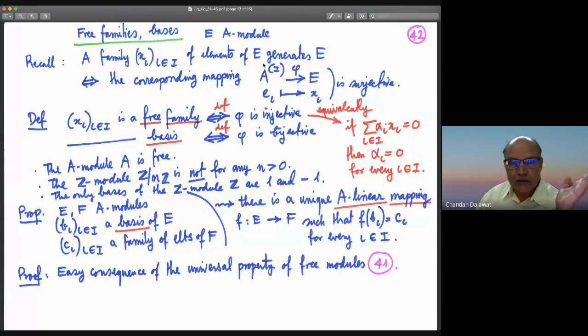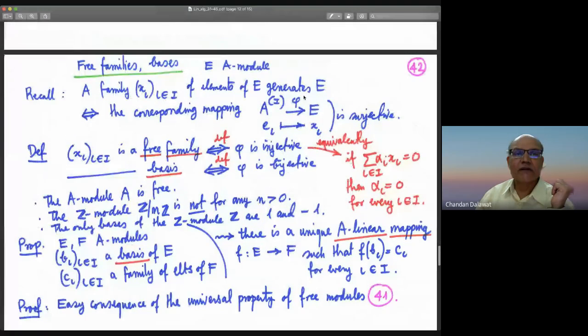By the universal property of the free module, there's a unique mapping phi which takes e iota to x iota, and it's A linear. So the notion of a free family is that this mapping phi should be injective. And the notion of a basis is that this mapping phi should be bijective.